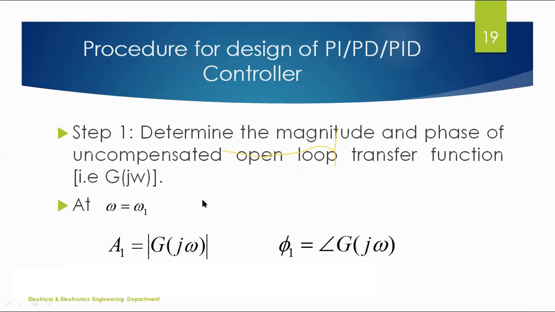Step 1: whenever we deal with the frequency domain, we can replace s equal to j omega. Now I'm considering this omega equal to omega 1. Here we know that omega 1 is nothing but the given gain crossover frequency.